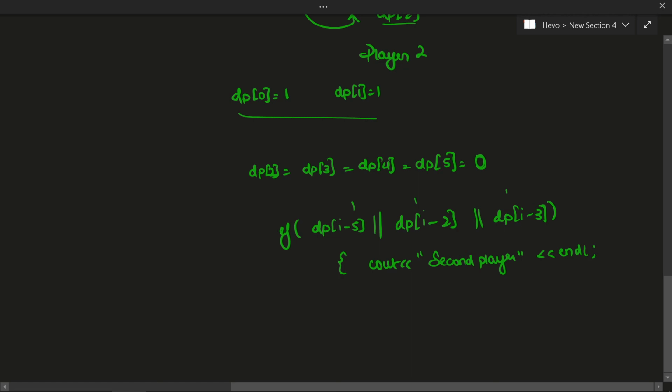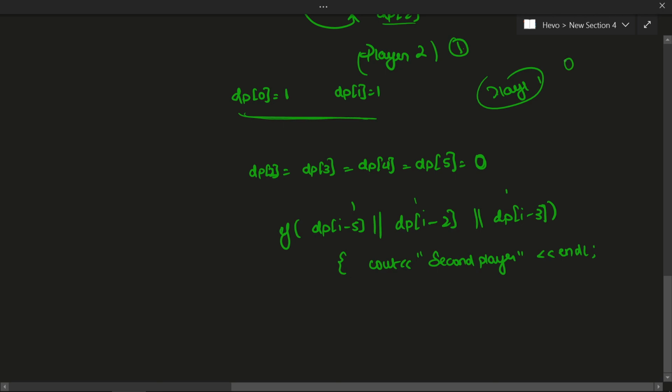As I said, if I go back to the different states, like the i minus 5 value and the i minus 2 value, I will be landing in different values, right? Note I represent player two by the value one, and player one by the value zero.